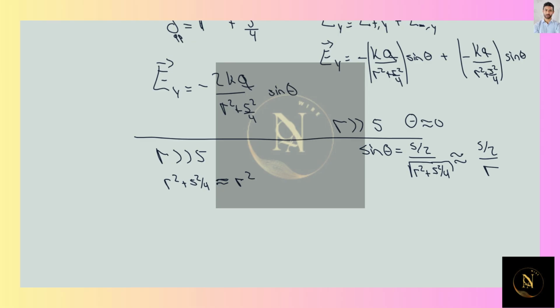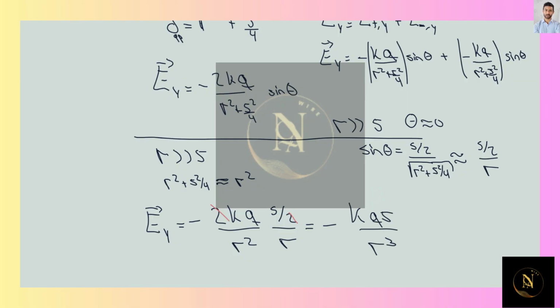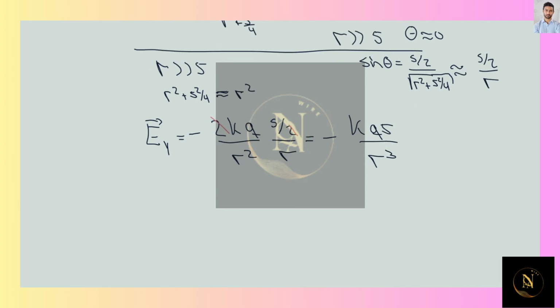Thus, the value for E on the y-axis becomes minus 2 times kq divided by r squared, and instead of sine of theta, I'm going to employ s divided by 2 divided by r. The 2 and the 2 cancel out. This gives us minus kqs divided by r cubed, and q times s is nothing but the dipole, so minus k times p divided by r cubed.